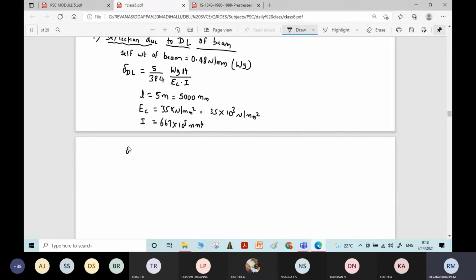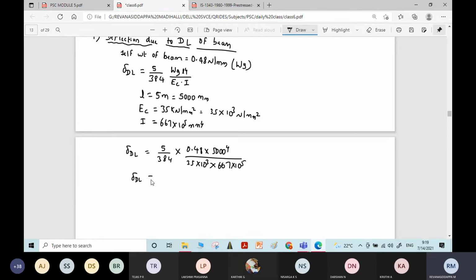Therefore deflection due to dead load is equal to 5 by 384 into W 0.48 into 5000 raised to 4 divided by Young's modulus 35 into 10 power 3 into moment of inertia 667 into 10 power 5.